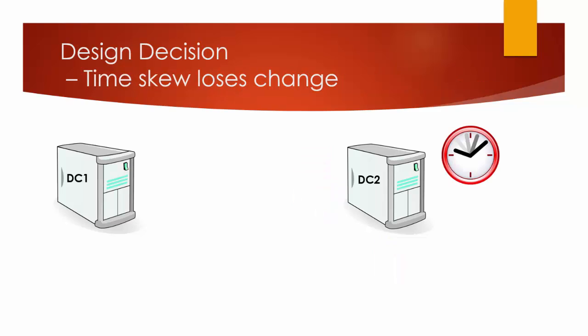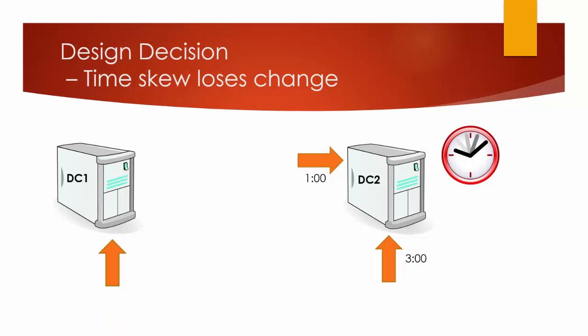But let's see what would happen if DC2 was 1.5 seconds ahead. Let's have a look at that scenario. DC1 gets his change, sends it across to DC2 with his timestamp, 1 second after midnight. DC2 gets a change, but he's 1.5 seconds ahead. His timestamp now says 3 seconds after midnight.